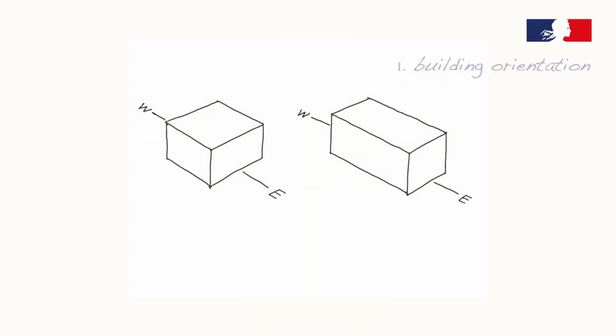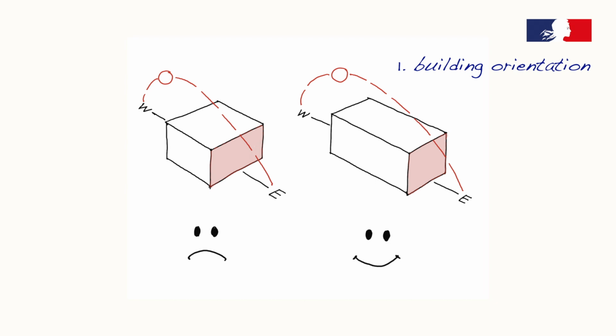The principle of bioclimatic design for tropical climates is to provide comfort while minimizing the energy used to cool a building. We will focus on three major building components. Firstly, building orientation. We should select our building shape that minimizes the areas that face the sun, especially on the east and west.